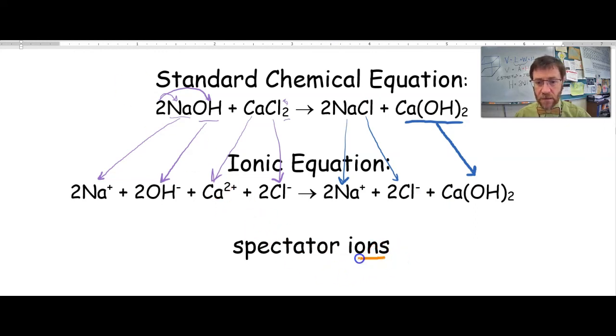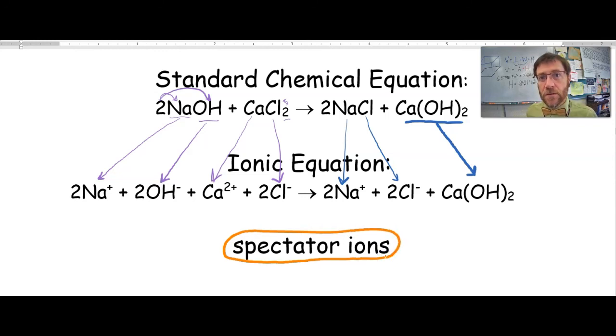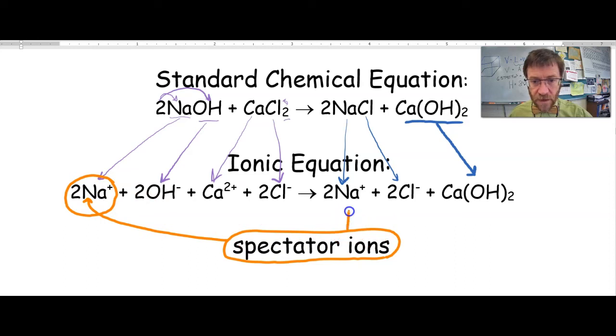And then we have these weird things. A spectator ion. Well, just like a spectator at a sporting event, what do spectators do? They're not actually doing the sport. They're there watching, right? So if you look over here, we've got sodium plus 1 on the left, and we've got sodium plus 1 on the right. Nothing happened to it.